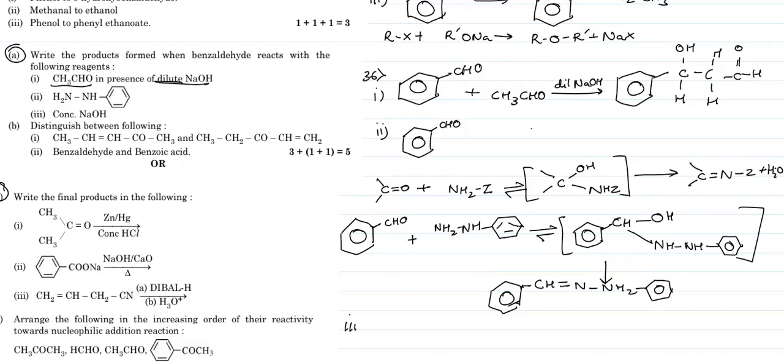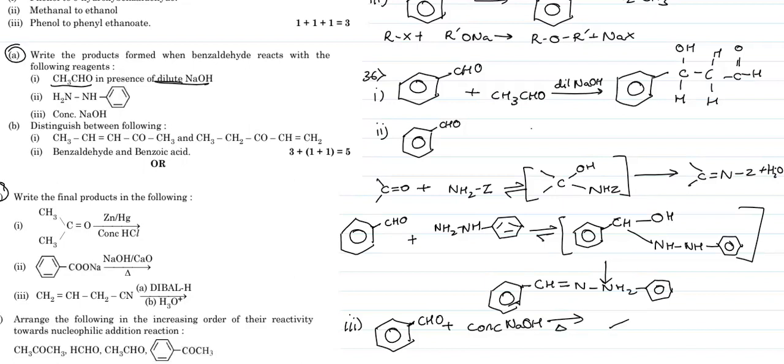The third one is with concentrated sodium hydroxide. So this is the Cannizzaro reaction. You have C6H5CHO reacting with concentrated NaOH on heating.